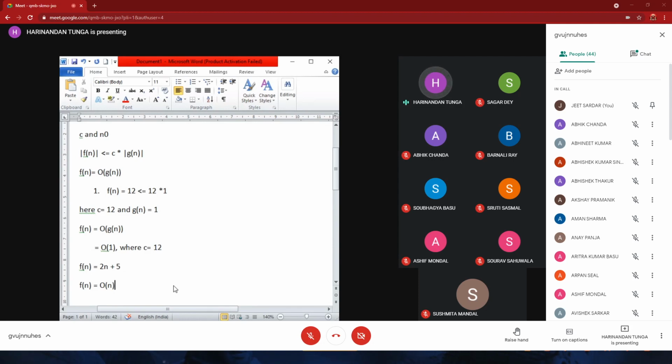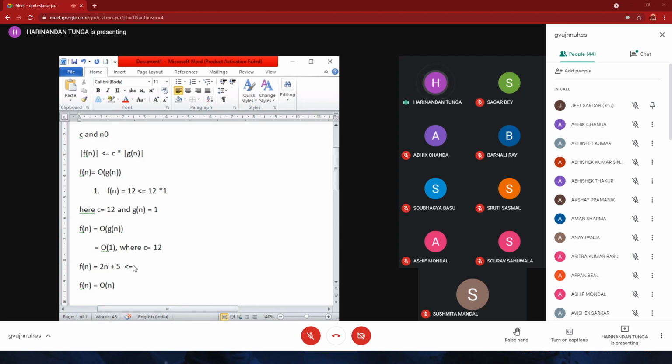Given f(n) equal to 2n plus 5, find g(n), c and n0. What is the value of g(n)? What is the value of c? What is the value of n0? Now a very simple calculation. 2n plus 5 less than or equal to 2n plus 5n, using the induction method. You who studied mathematics know there are several induction techniques.